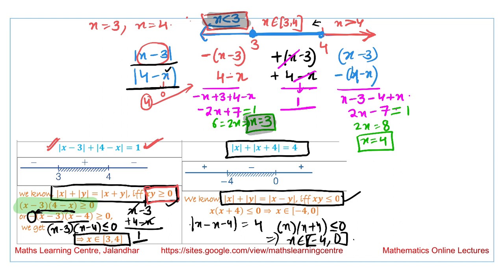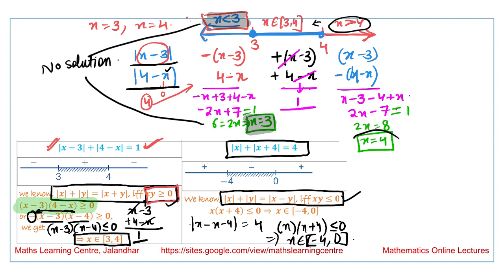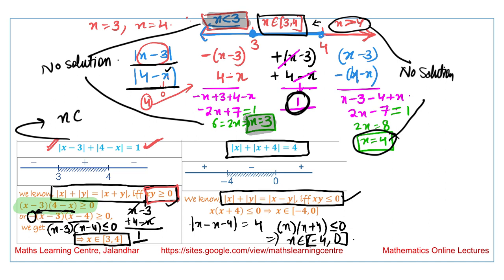It means in this portion we have no solution. Similarly, for x greater than 4, the answer we get is x is equal to 4, so in this portion also we have no solution. And for x belonging to 3 to 4, this condition always holds. So the solution of this equation is x belongs to the closed interval 3 to 4, and this is what we have obtained over here.